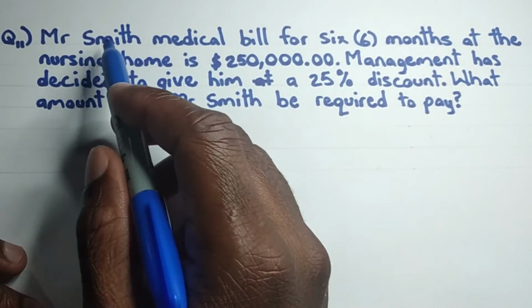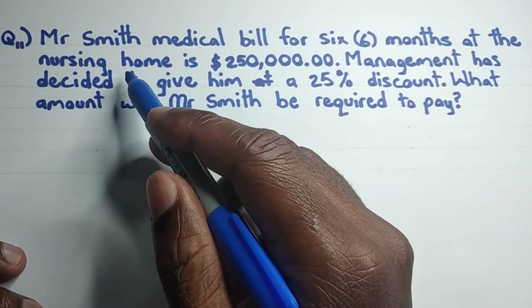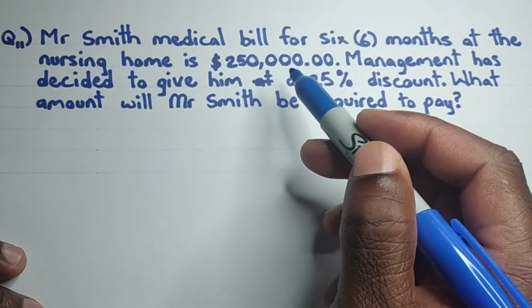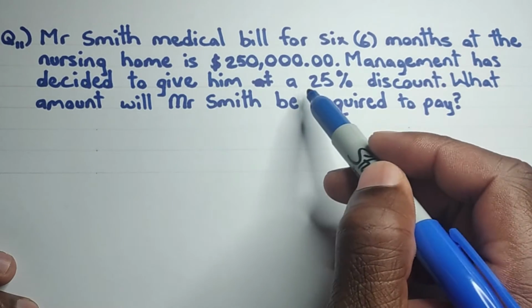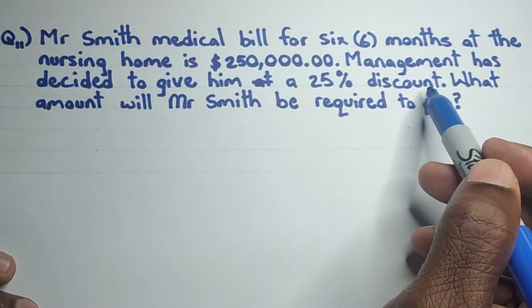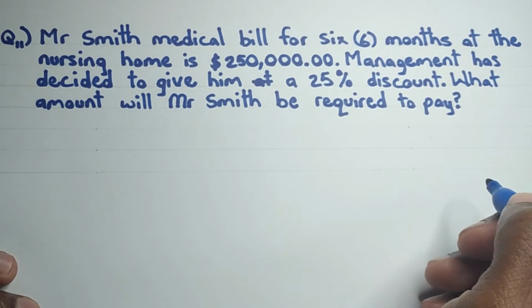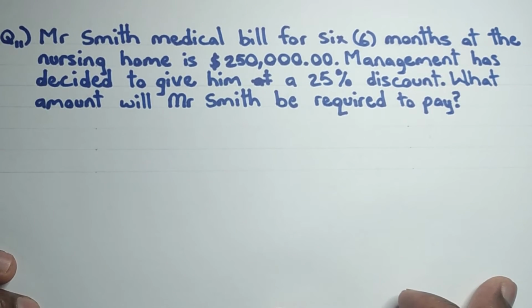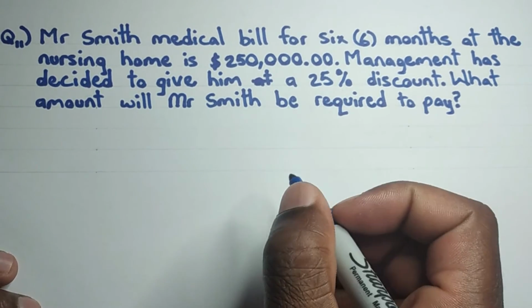Mr. Smith's medication bill for 6 months at the nursing home is $250,000. Management has decided to give him a 25% discount. What amount will Mr. Smith be required to pay? First, we want to know the equivalent in dollars of the 25% discount.